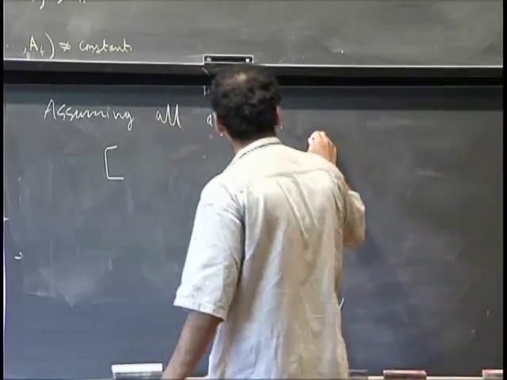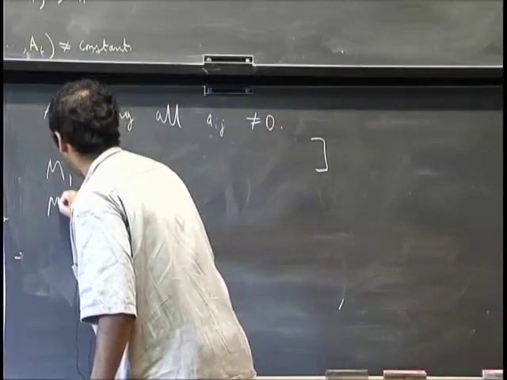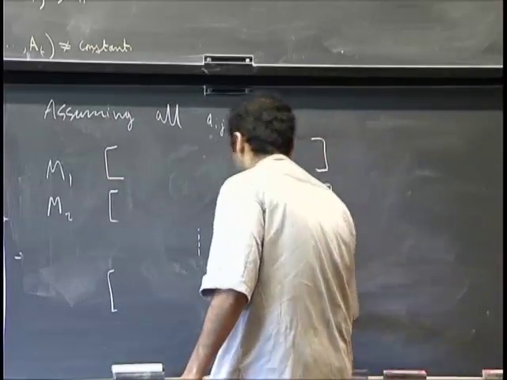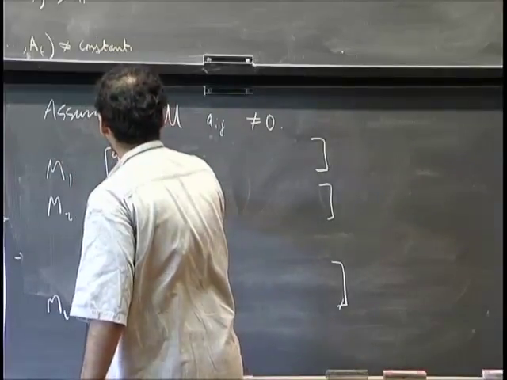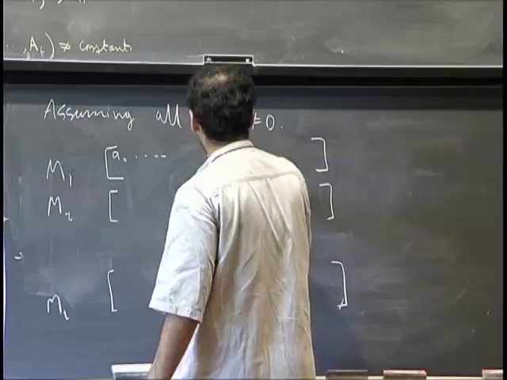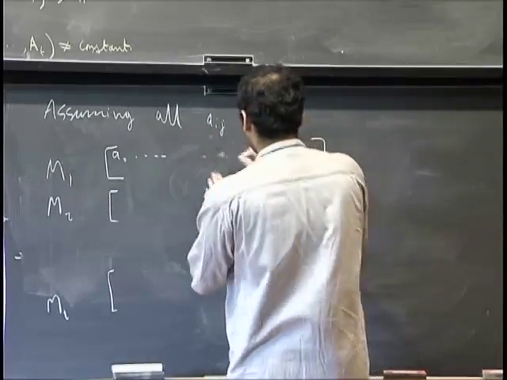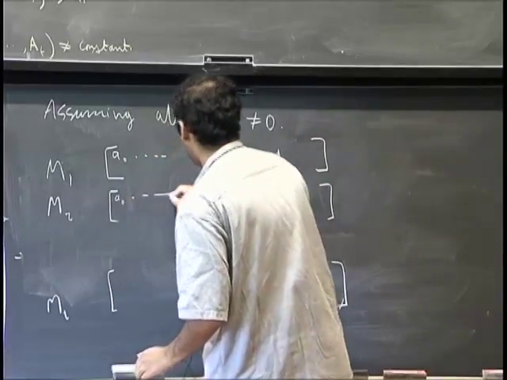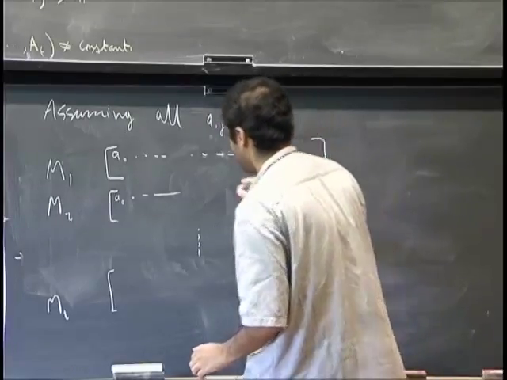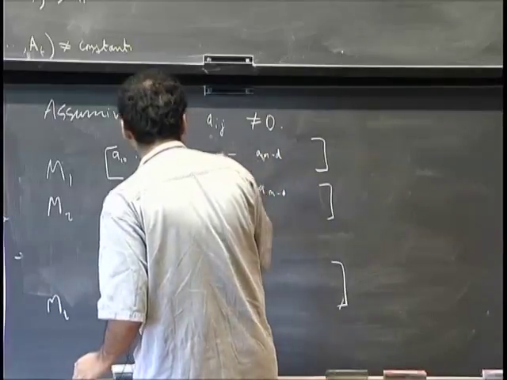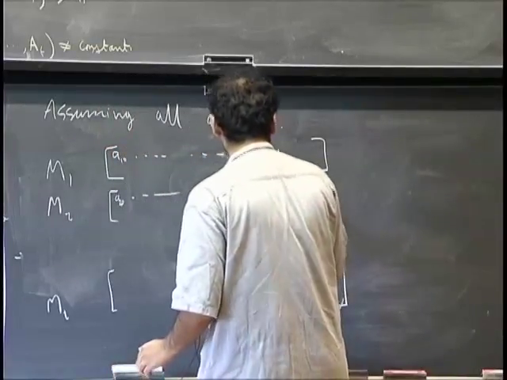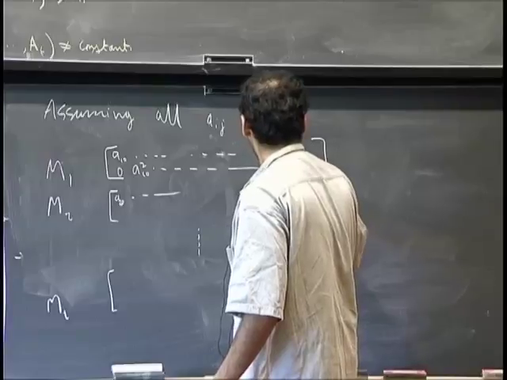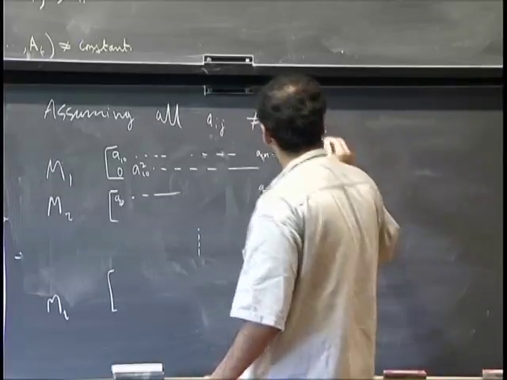So we had our matrices, this was M_1, M_2, and this is M_t, and I have a_0 up to a_(m-d), this is a_10 up to a_1(m-d), a_20 up to a_2(m-d).